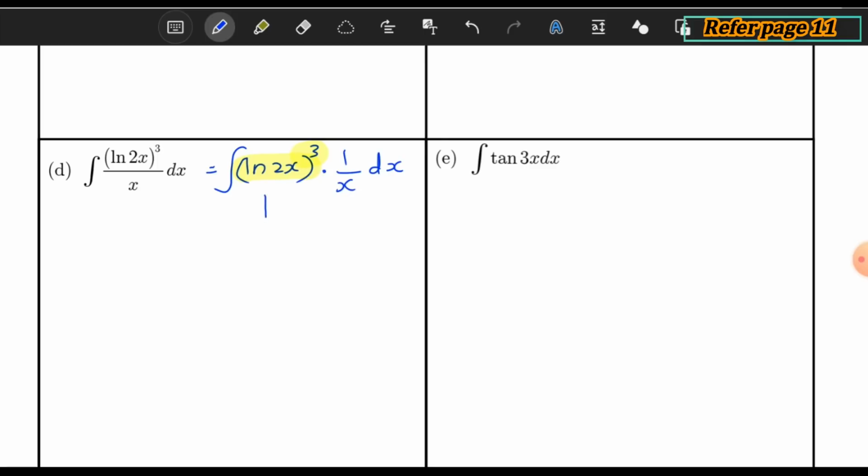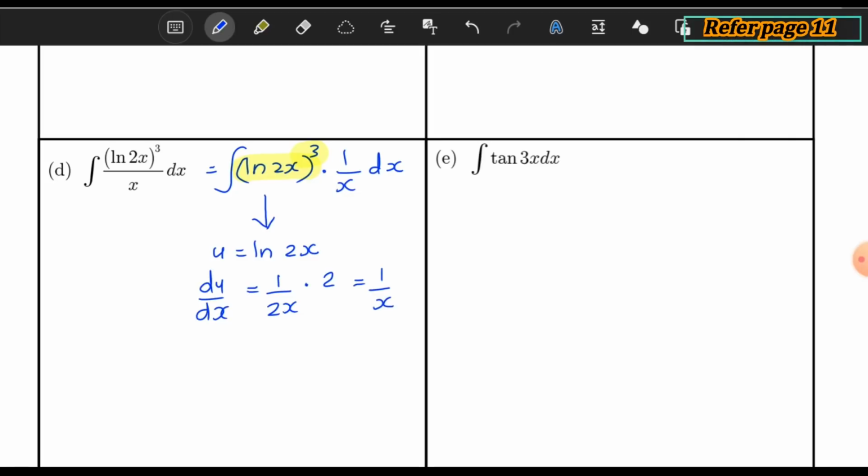And for this case, we will use ln 2x as u. Biasanya untuk substitution, we ignore the power. Now will be easier. So du dx equal to 1 over 2x times 2 equal to 1 over x.